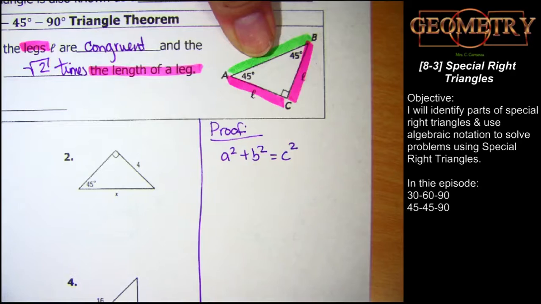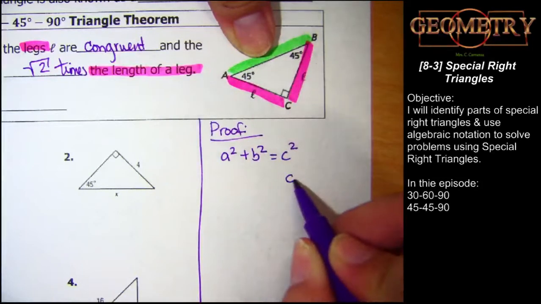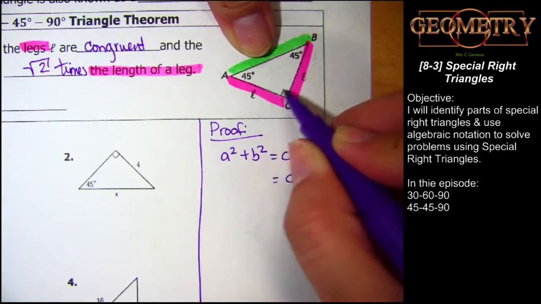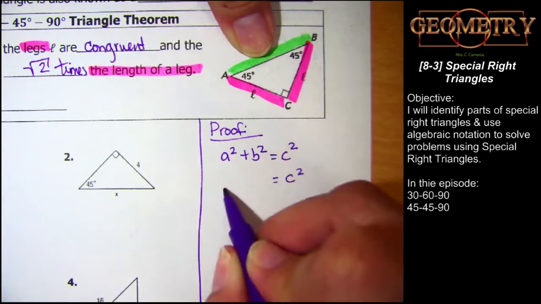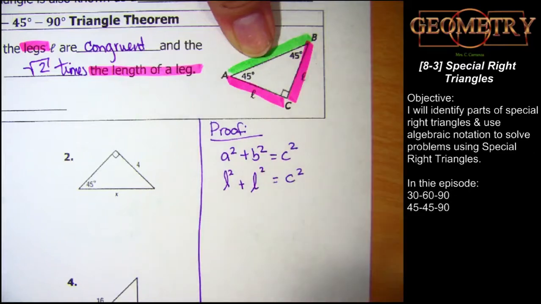I just see a right triangle with side length L and side length L. So this is the hypotenuse, so I'm going to keep that as c. And these are the two leg lengths. One is a, one is b. And I'm writing my L's kind of cursive-y so that they don't look like ones.